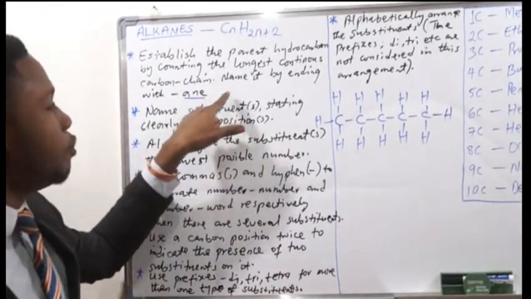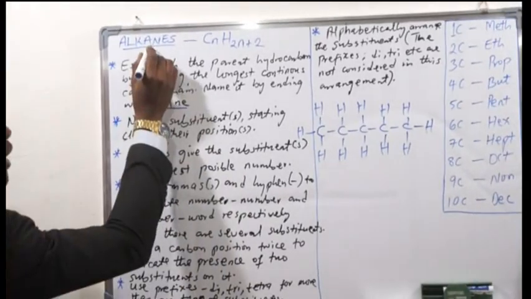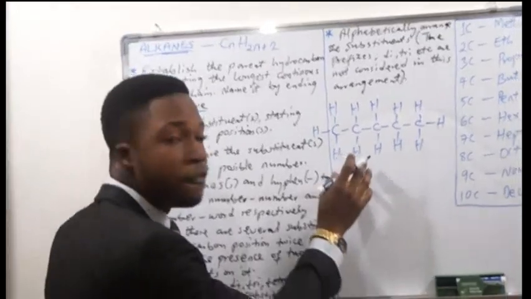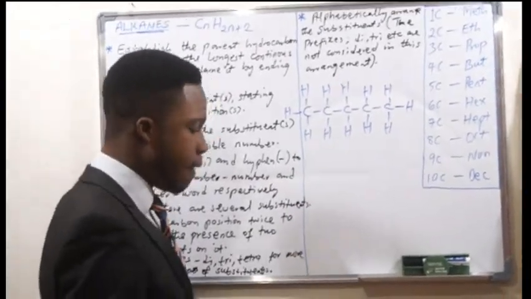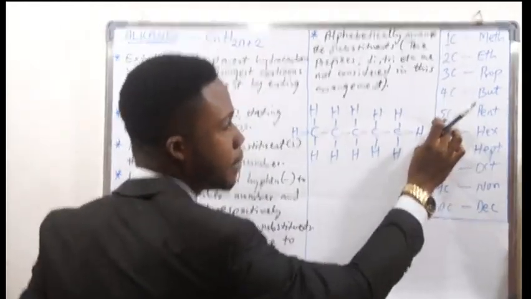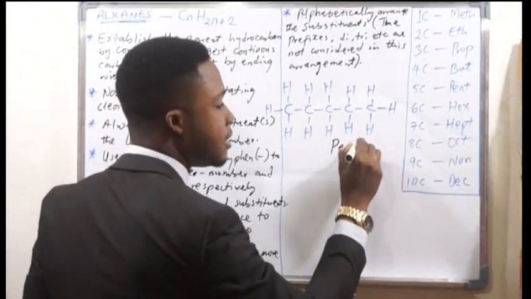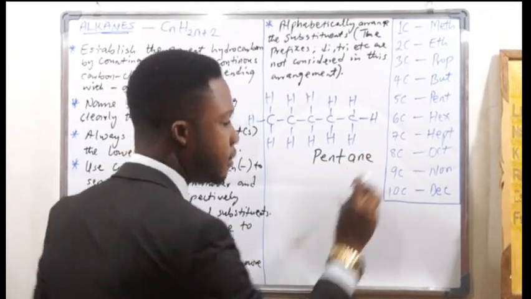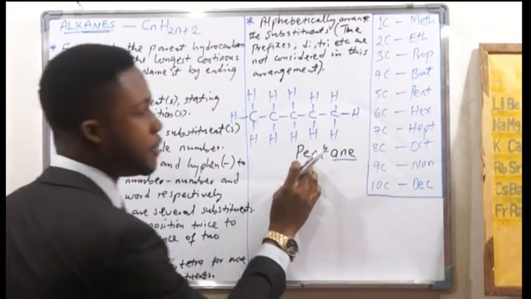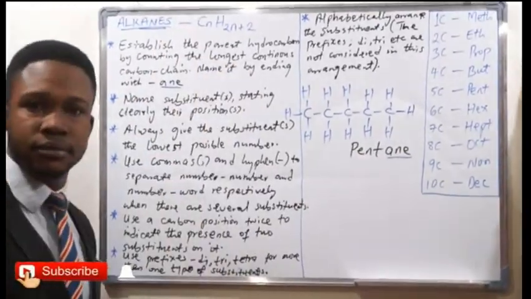We end the name with ane, A-N-E, for alkane. Therefore, the name of this compound becomes pentane. Pent from 5 carbons and ane from alkane.